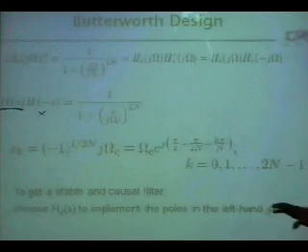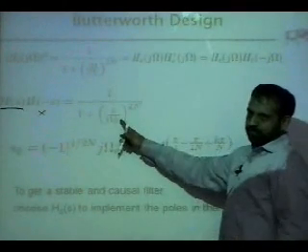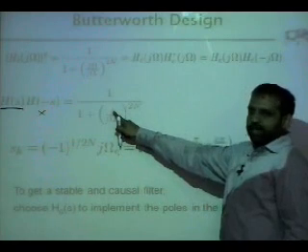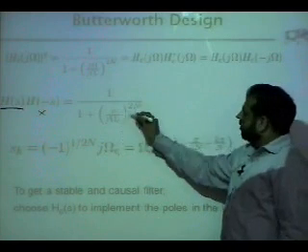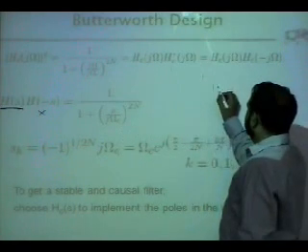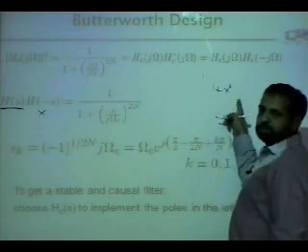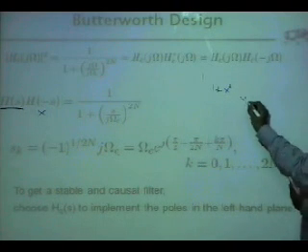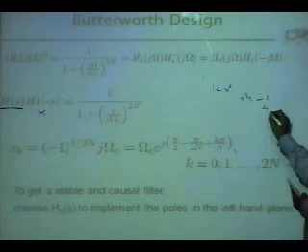This expression has the variable s. Once you write an expression like 1 plus x square, how many roots do I have? 2. What are they? Plus minus j.